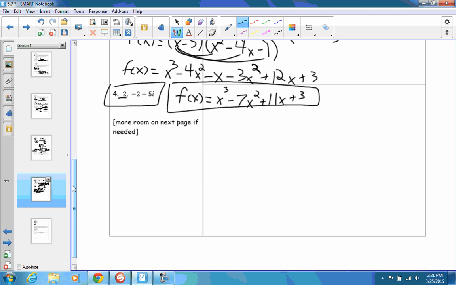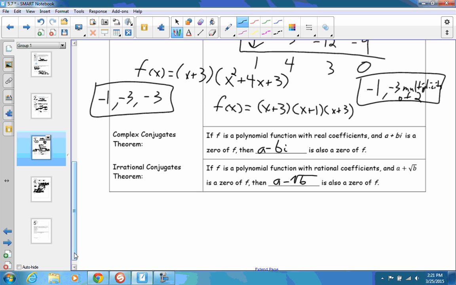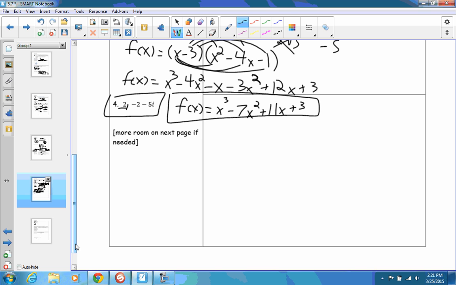The other zero is, and this is complex, so there's a comma there, negative 2 minus 5i. Do I know any other zeros? Yes. Complex conjugates: a plus bi is a zero, a minus bi is also a zero. So what's the zero I'm missing? A minus bi. Right, a is negative 2, so negative 2 plus 5i.